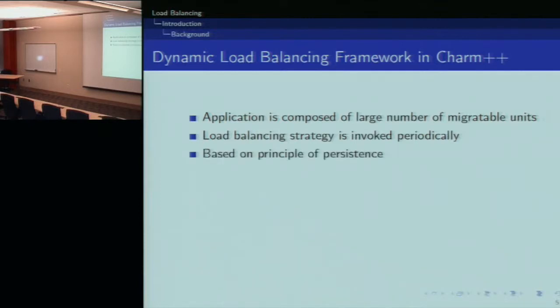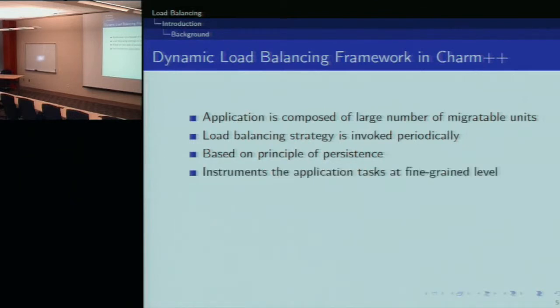In Charm++, the load balancing framework is based on the principle of persistence, which states that if we decompose the computation into migratable objects, the computation load and the communication pattern tend to be persistent. So the past is a good predictor of the future. We use that principle of persistence to do the load balancing.